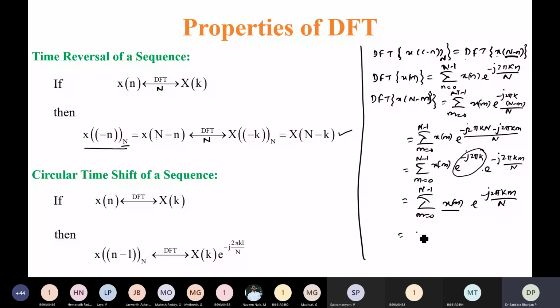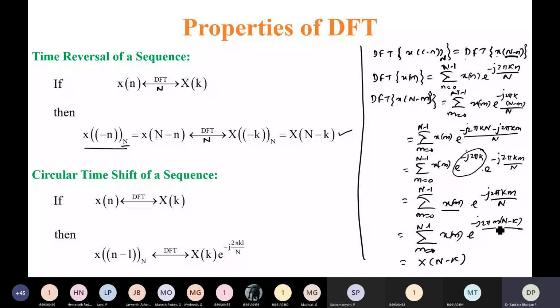What we can write is summation m is equal to 0 to n minus 1 x of m. Listen carefully, minus j 2 pi m, in place of k we can write n minus k, whole divided by n. So this is equal to x of n minus k.